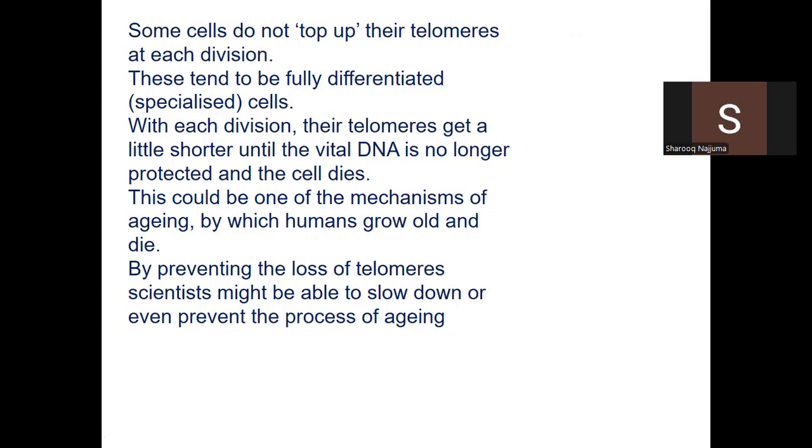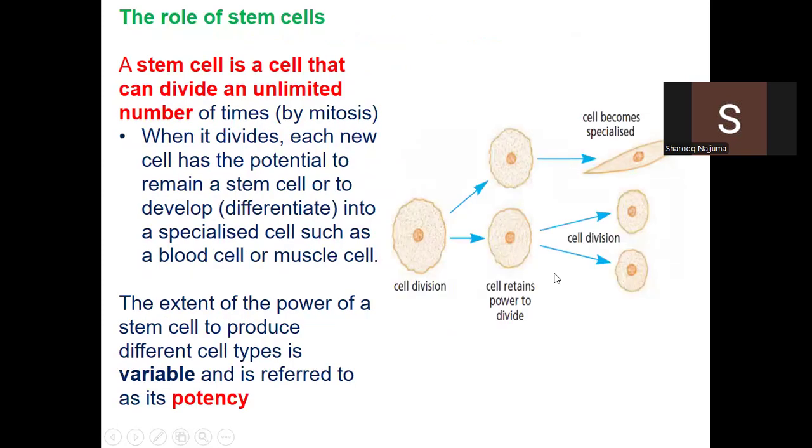Eventually, you're going to have a sagging skin. You will not have maybe your collagen made because the cells probably responsible for making collagen, which makes your skin firm, are no longer able to do that role because they have divided multiple times. Their telomeres were not topped up and they have lost important genetic information. So scientists believe that by preventing the loss of telomeres, maybe they will be able to slow down aging and eventually slow down death.